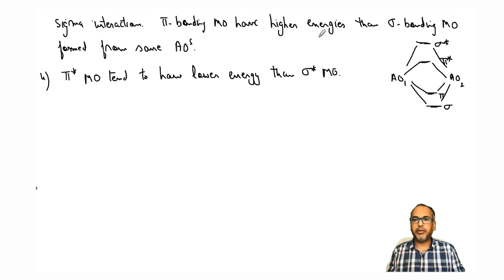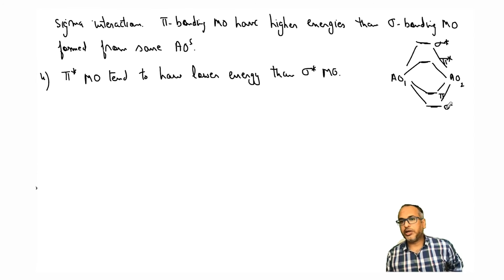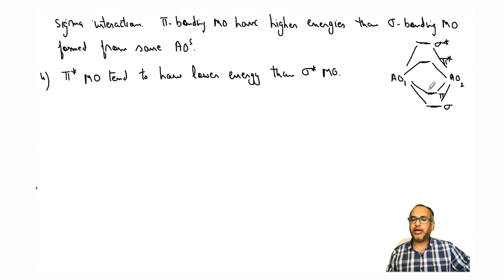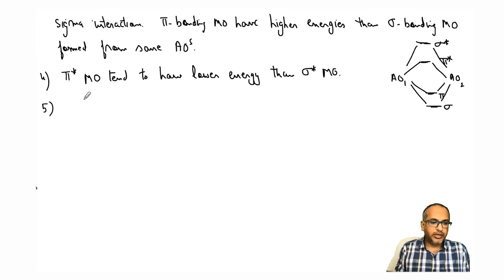Even though they are forming from the same atomic orbitals, if it is a sigma interaction, the stabilization and the destabilization of antibonding both will be higher as compared to pi interaction because of less effective overlap, because pi orbitals overlap sideways whereas sigma orbitals overlap head to head, right?